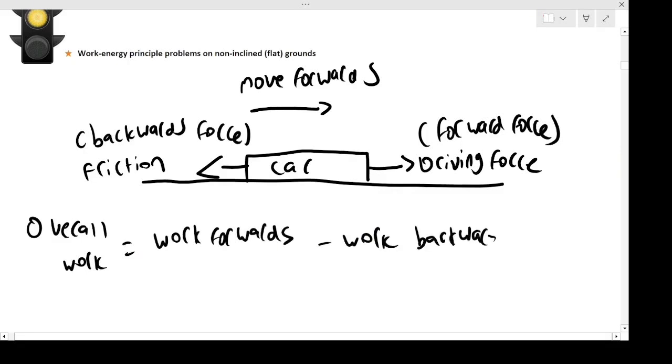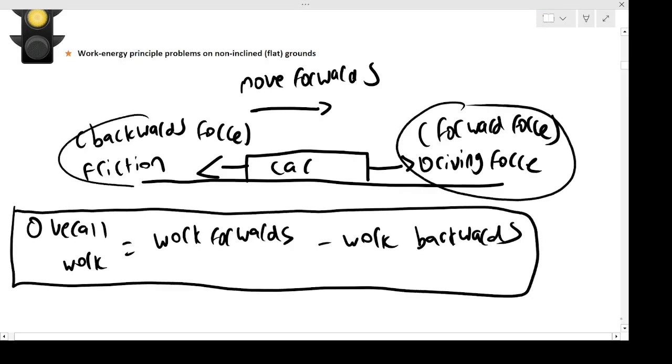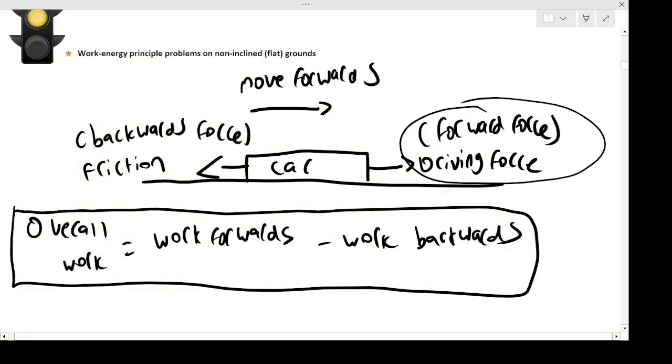Hopefully that makes sense. So when we've got this situation of two forces acting forwards and backwards, as I've just done here, if we take away the work done by the backward force from the work done by the forward force, then we get the overall work at the end.